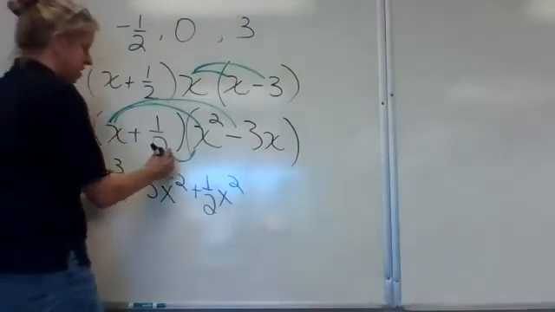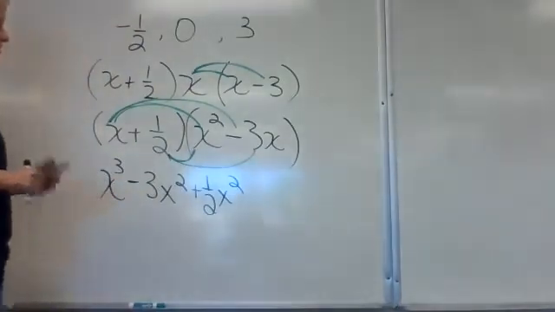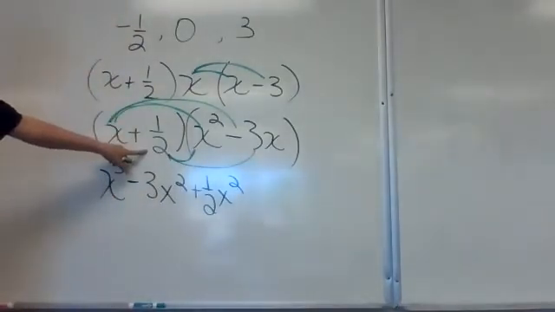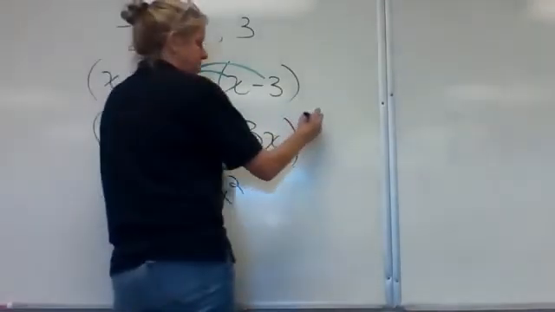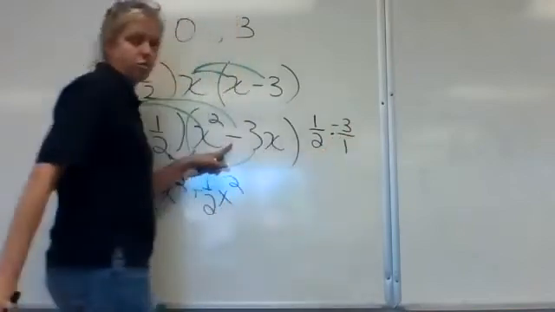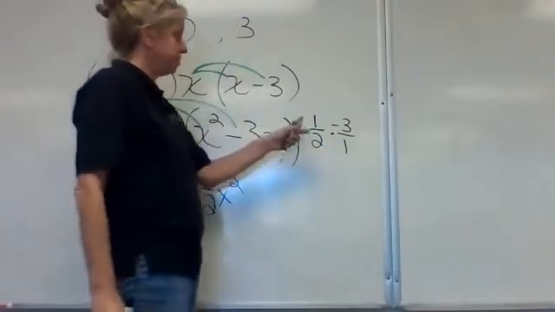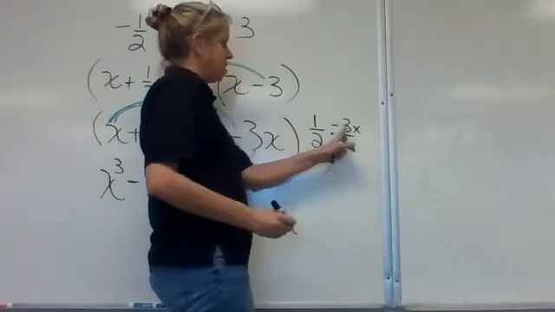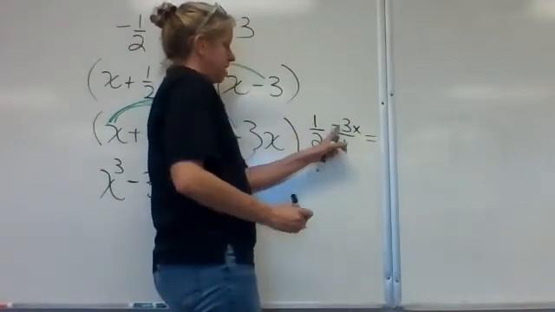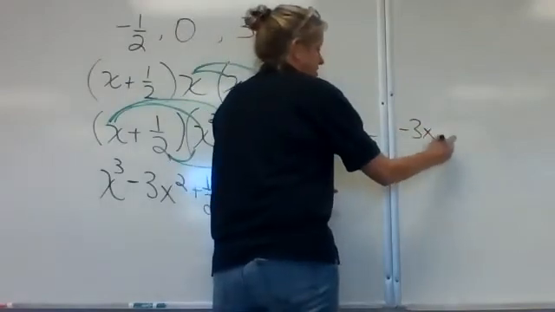And then my last, I have positive 1/2 times negative 3x. So I've got 1/2 times negative 3. You're multiplying fractions, think of that 3 as 3 over 1. And I guess it's an x. So if I go straight across on top and bottom, what do I have up top? 1 times negative 3x.